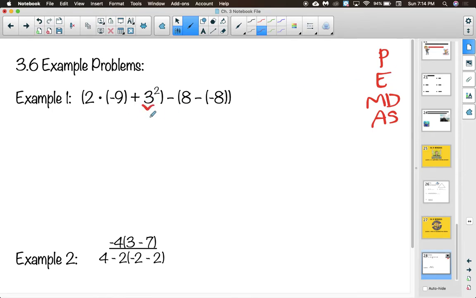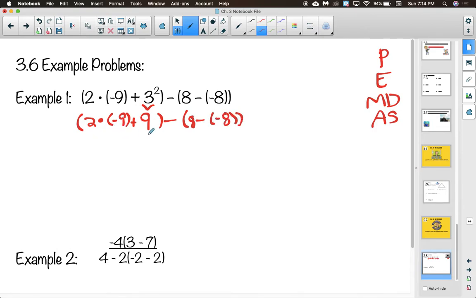So 3 squared is 9, and don't you dare drop those parentheses yet. They are super important, so we need to keep them there until we are completely finished with them. Okay, and we're going to copy the rest of this problem down as well.